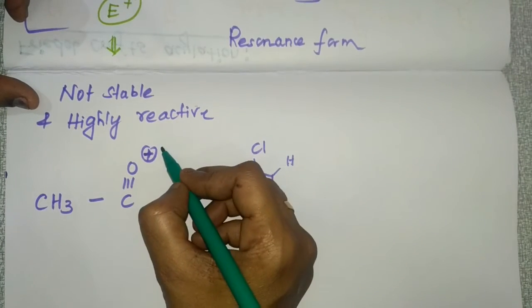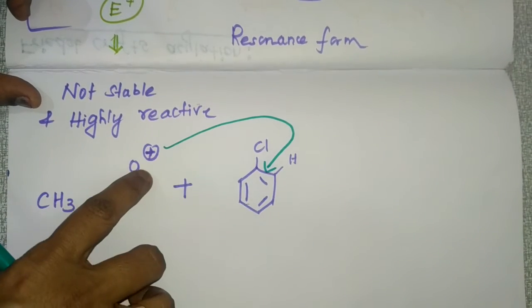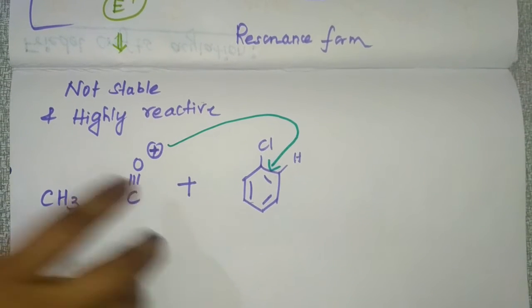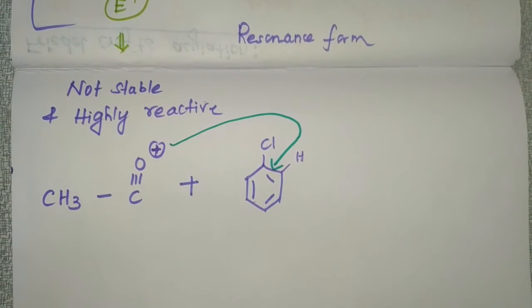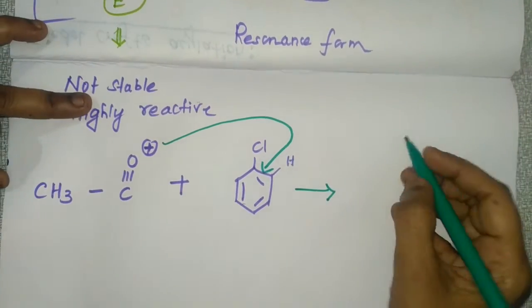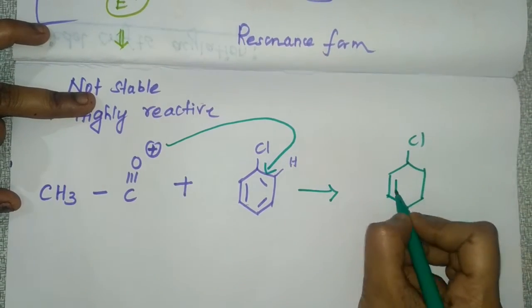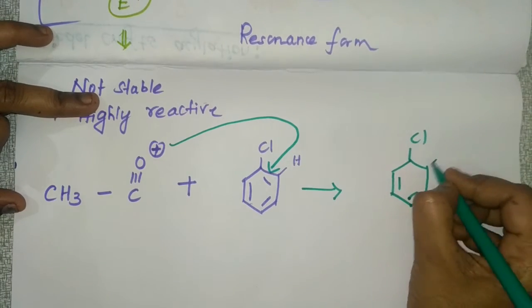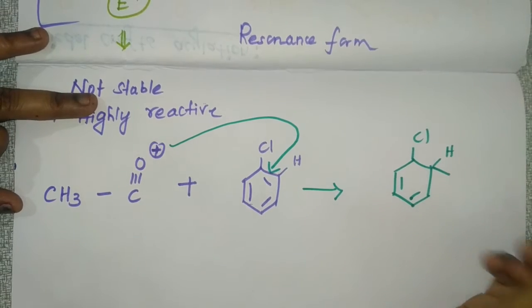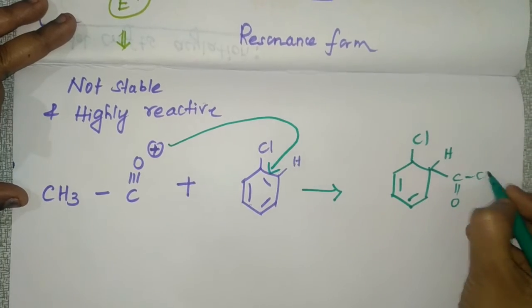When you're adding chlorobenzene to this, these pi electrons will attack this oxygen, which is positively charged. Then what will be the product formed here if the attack is like this? This chlorine will be here and these two bonds are the same, and this hydrogen will be here, and the bond is formed here, which will get added here, C double bond O CH3.